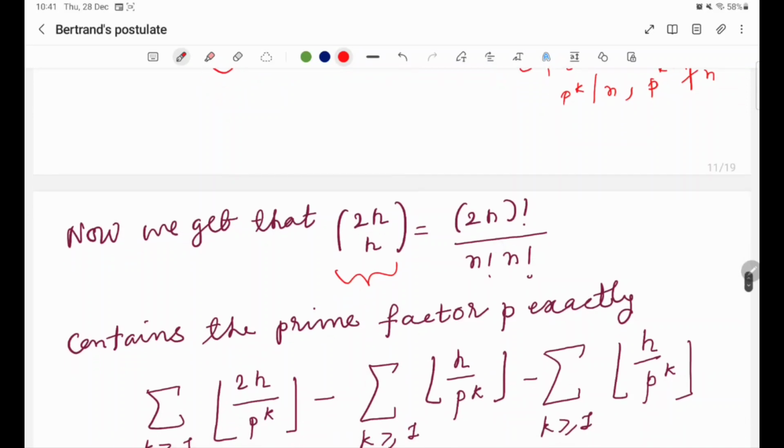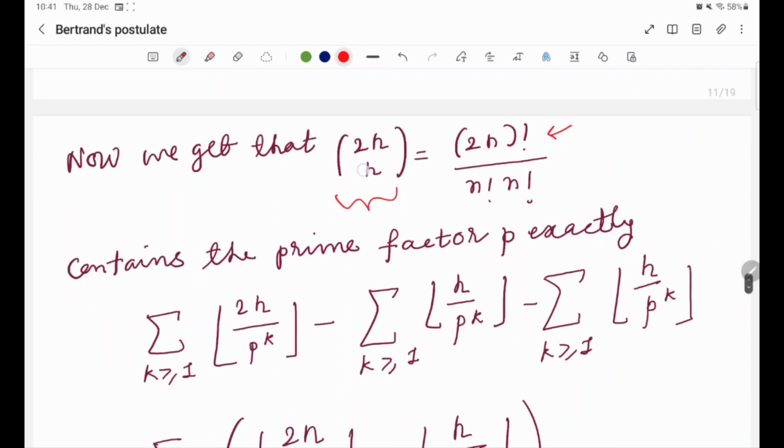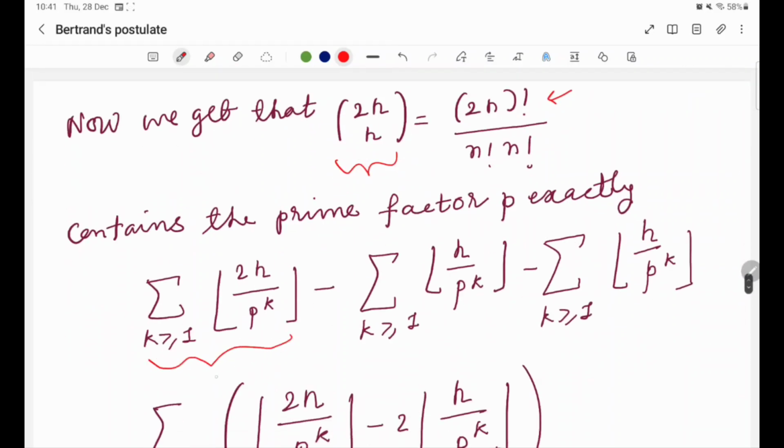Now suppose you take a prime number p, and you want to find the largest power which divides this 2n choose n. In that case, you can first find the largest power of p which divides 2n factorial. That can be found by this, right?